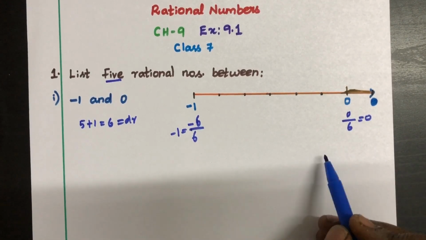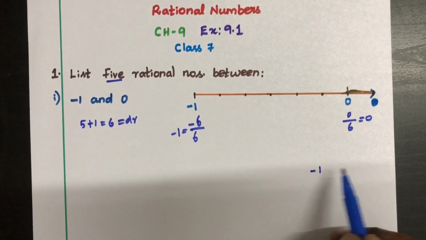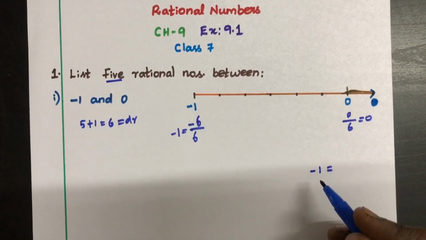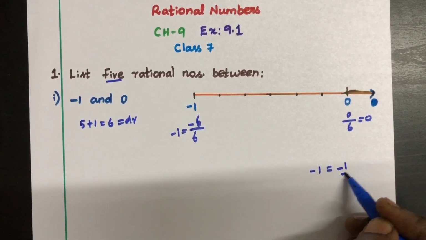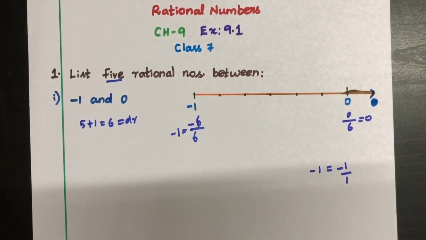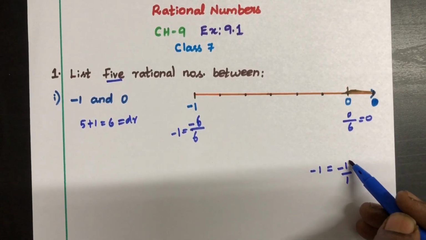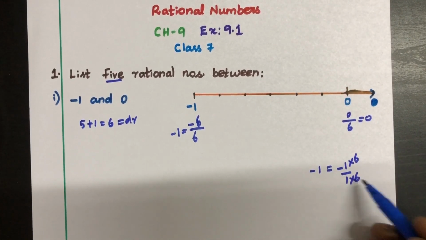That's all. Just listen carefully. What is -1? We can write -1 in so many ways, right? If it is a rational number, we can write -1 by 1. Is there any doubt about this? Nothing, right? What I am doing is just multiplying 6 in the numerator and 6 in the denominator.